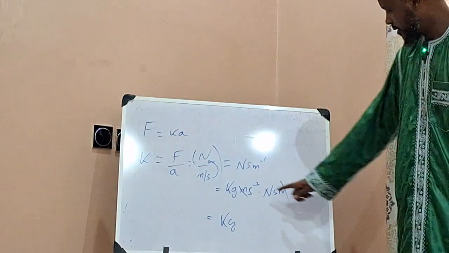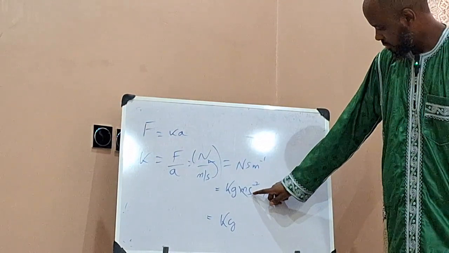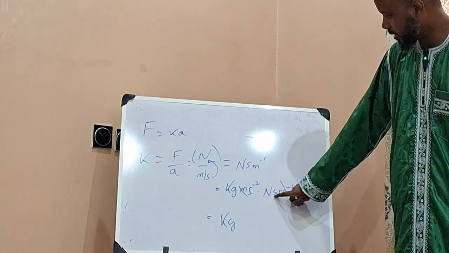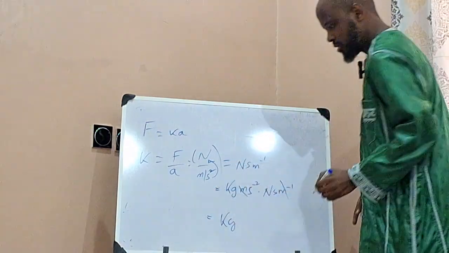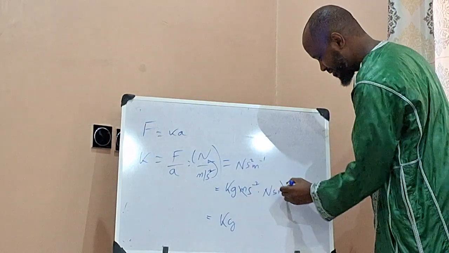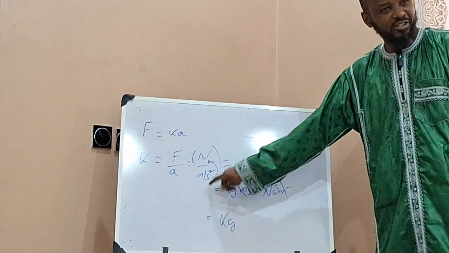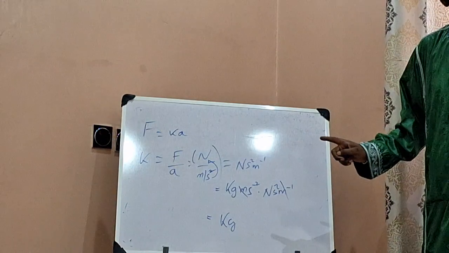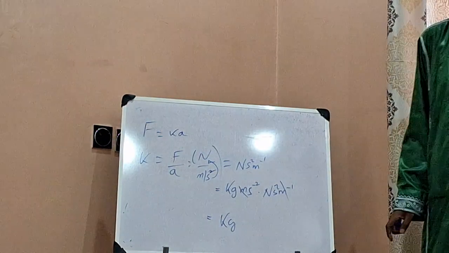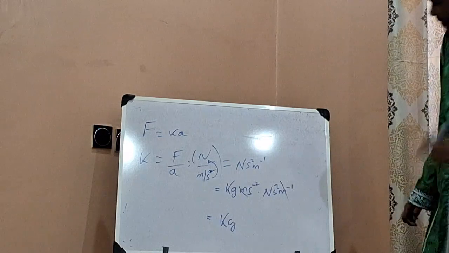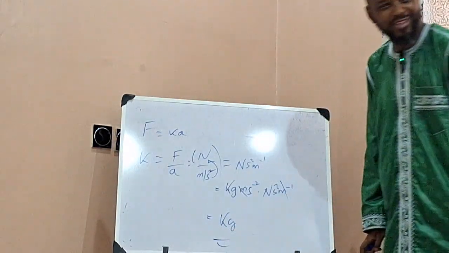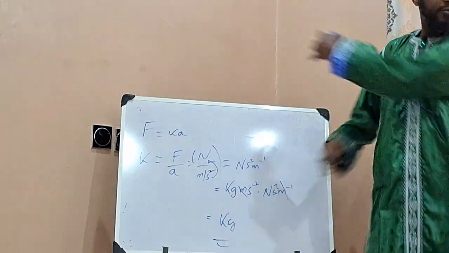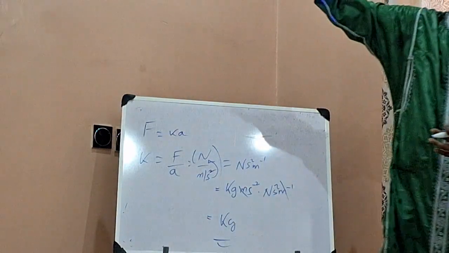Then this is per second squared, and this is second. Oh, sorry, this is second squared, because this is acceleration. So per second squared and second squared: minus 2 plus 2, S power of 0. S power of 0 is what? 1. So what do you end up with? Kilogram, correct? I'm just giving you this so that you understand this question clearly.